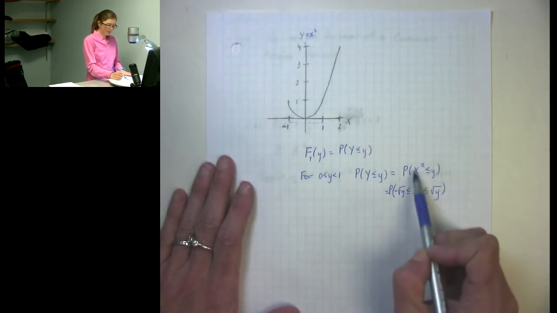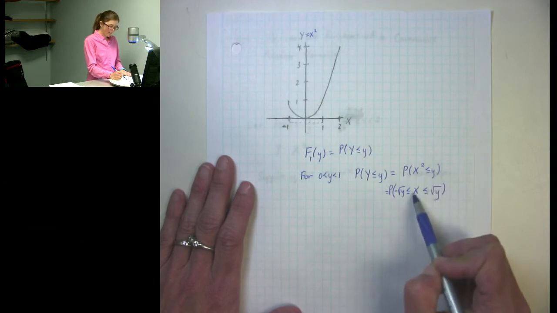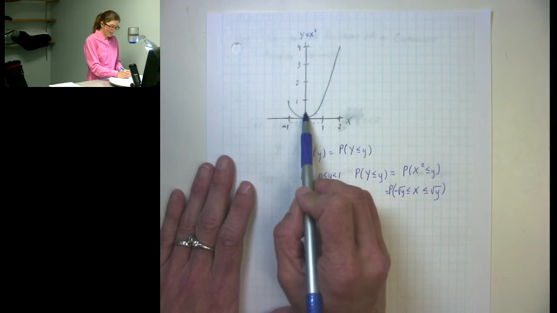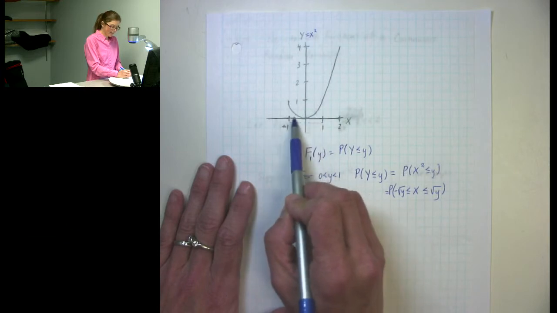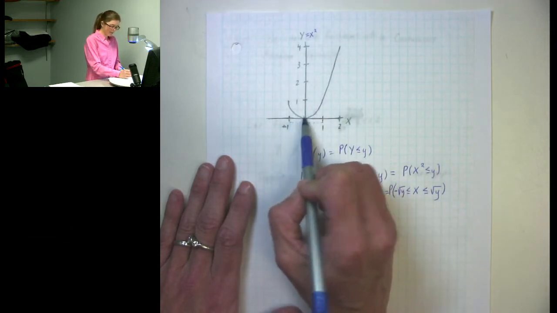So I'm using my distribution function technique, isolating x, but here it's not 1-to-1, so x has to be between the negative and positive square roots, not just one of them.